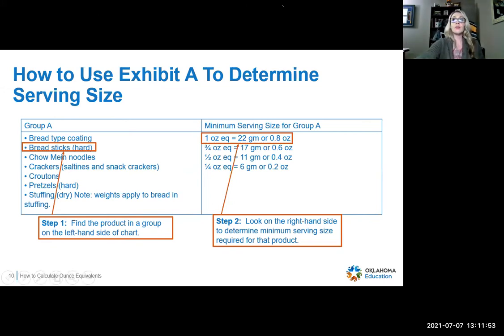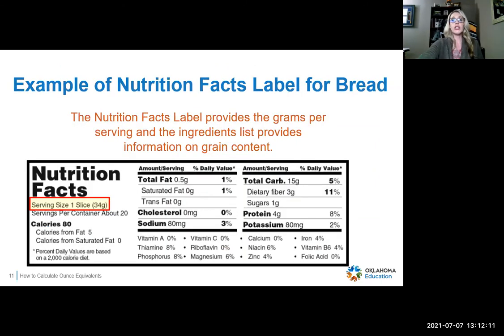Because these items have a lot of flour or a lot of grain in them and very little of anything else, that's why you can serve less than an ounce, because it is mostly packed with grains or flour type products.